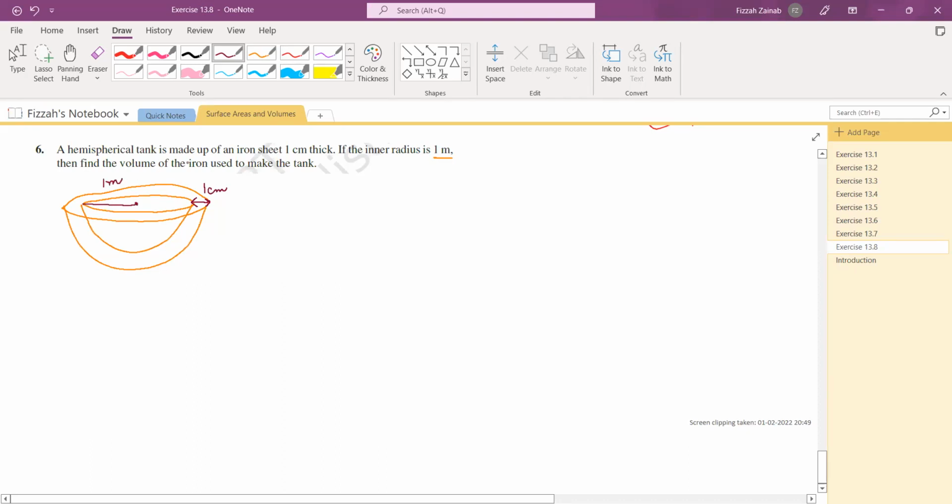So you have to find the volume of the iron used. That means this volume you have to find out, only the metal one. Is the question clear to everybody? Yes, ma'am. So what should be the approach in this case? We want to find how much is the volume of the iron used. So what we should do? Who will tell me?